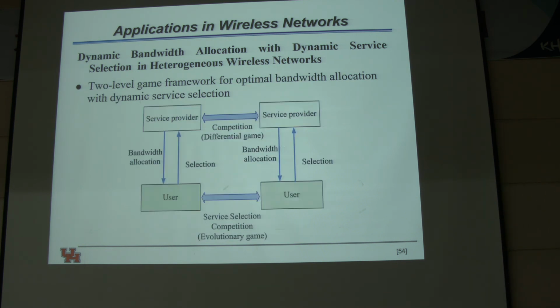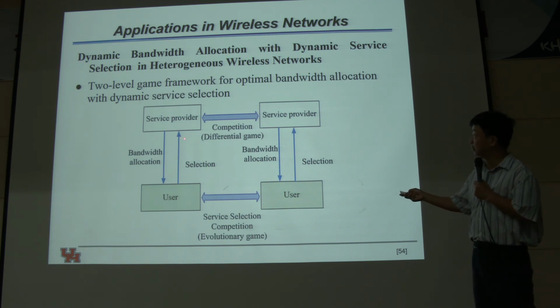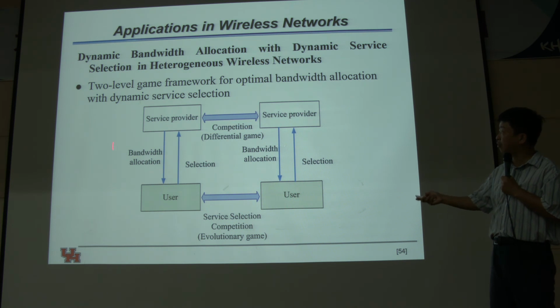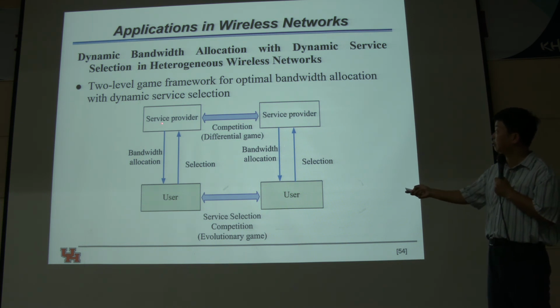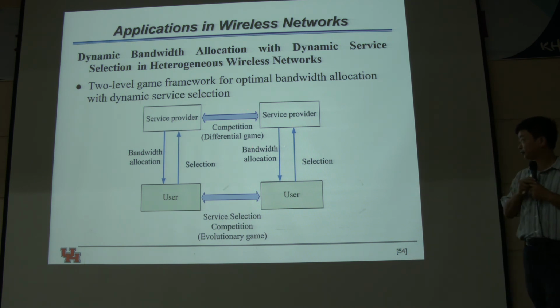The service provider obtains bandwidth, which has a cost, to serve the user. Then the user, if selecting this service provider, will pay something. Between the service providers is a differential game. They need to compete with each other.